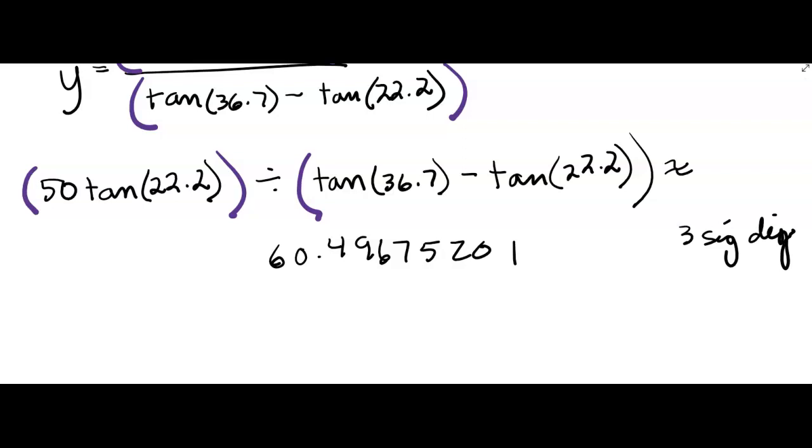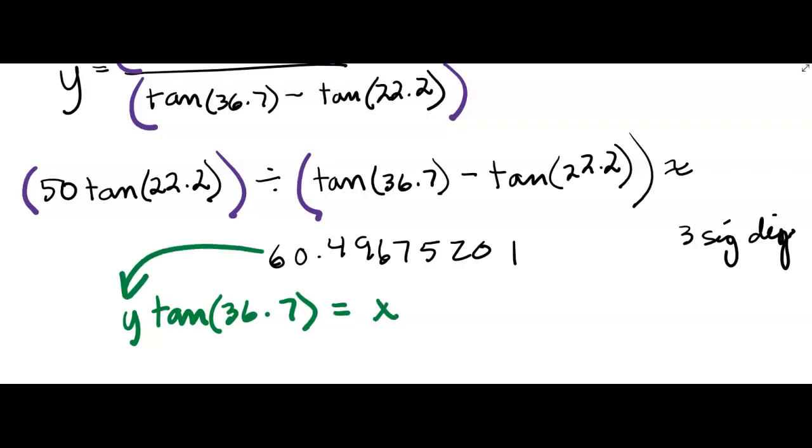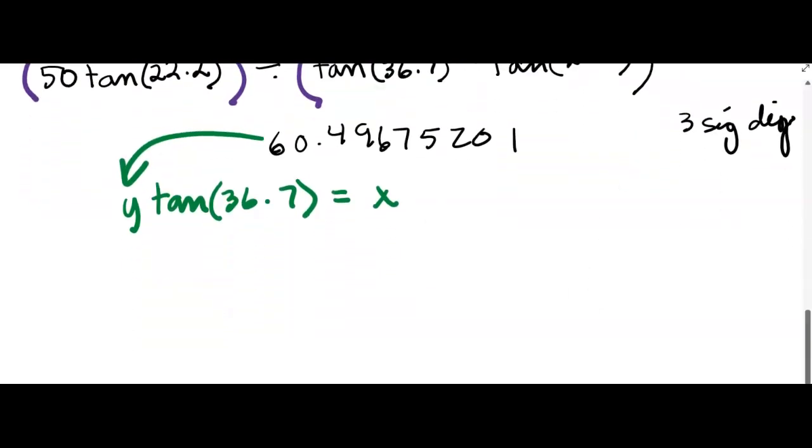All right. So our green equation up there said y tangent 36.7 equals x. So now what we're going to do is plug that in. But we don't have to because it's in our calculator. So I can just hit the multiplication button, and that answer is going to show up as ANS on my calculator.